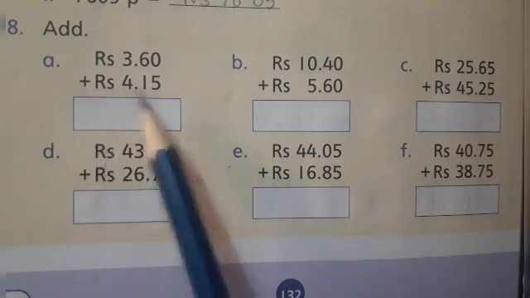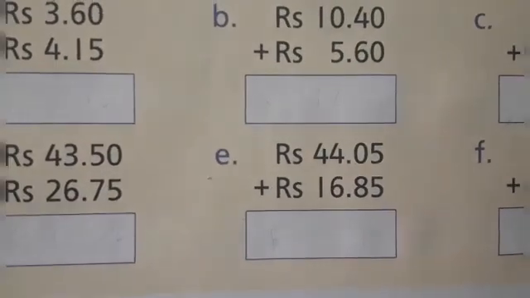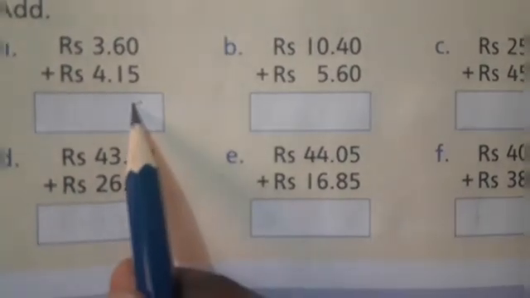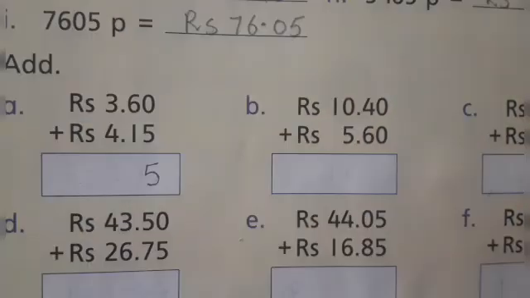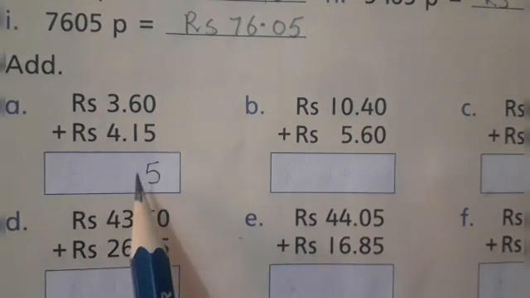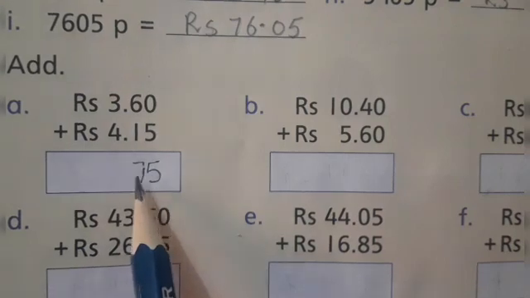So 0 plus 5 is equal to 5. And 6 plus 1, how many? 7.